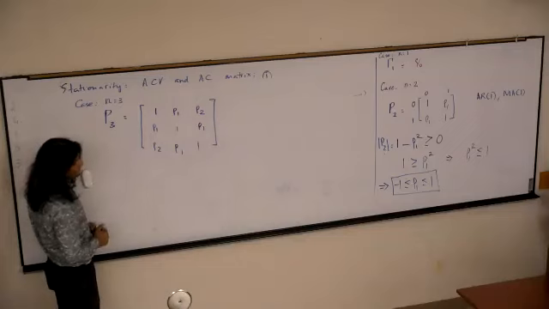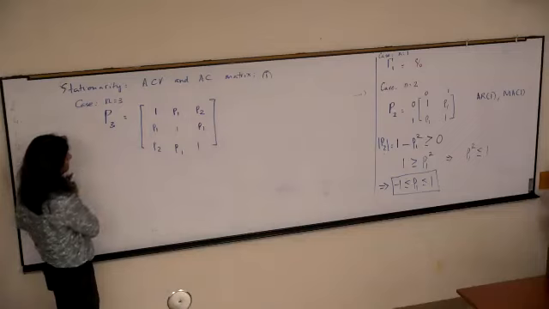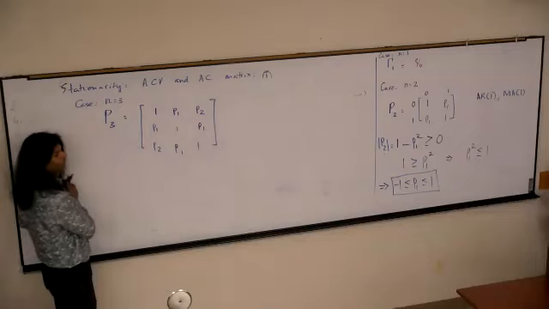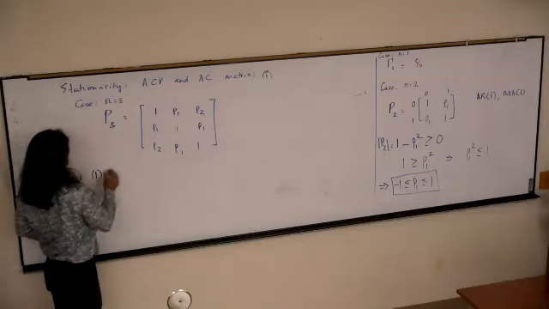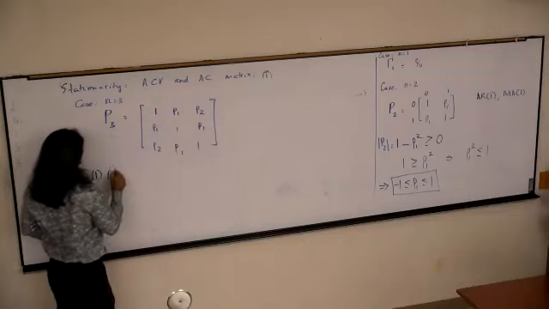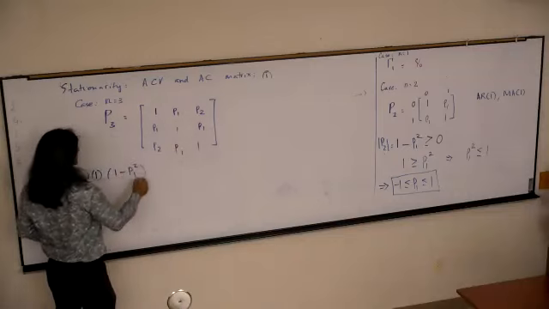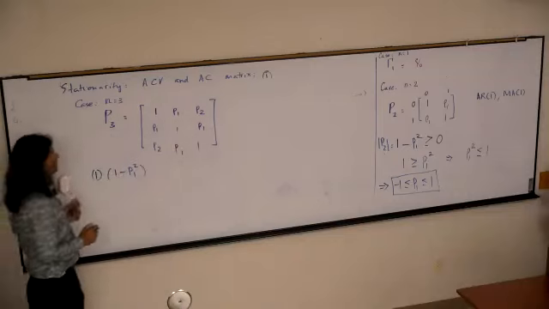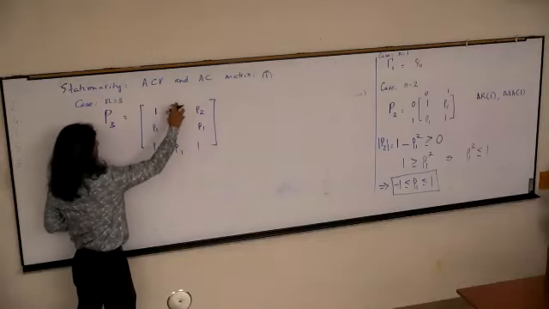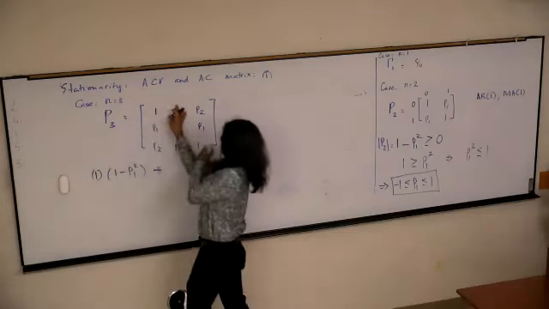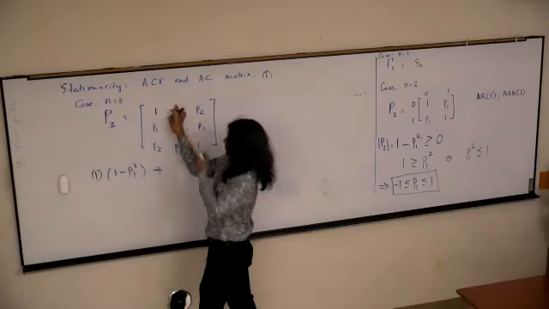It would be the vector 1 multiplied by 1 minus rho 1 squared. 1 times the determinant of that, so 1 minus rho 1 squared, minus rho 1 multiplied by rho 1 minus rho 1 rho 2.